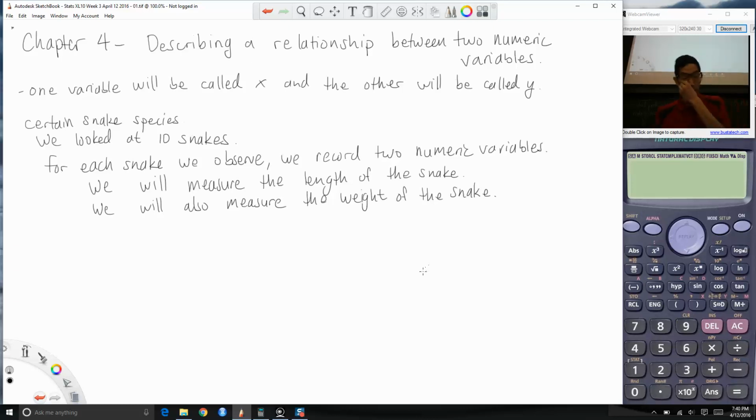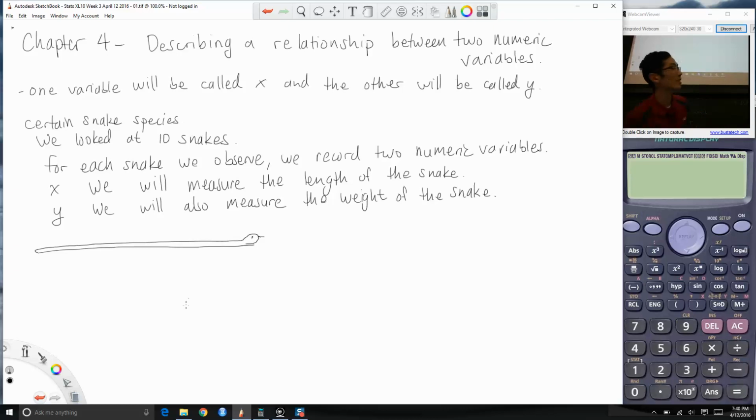We want to know, is there a relationship between these? Just arbitrarily, I'm going to call them x and y. So x will be the length and y will be the weight. Here's a picture I'm making of a snake. Thank you for appreciating my picture.